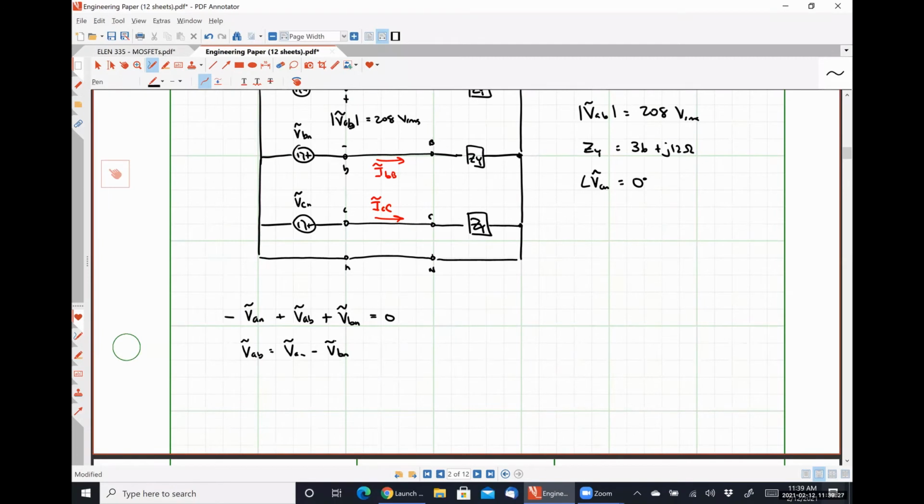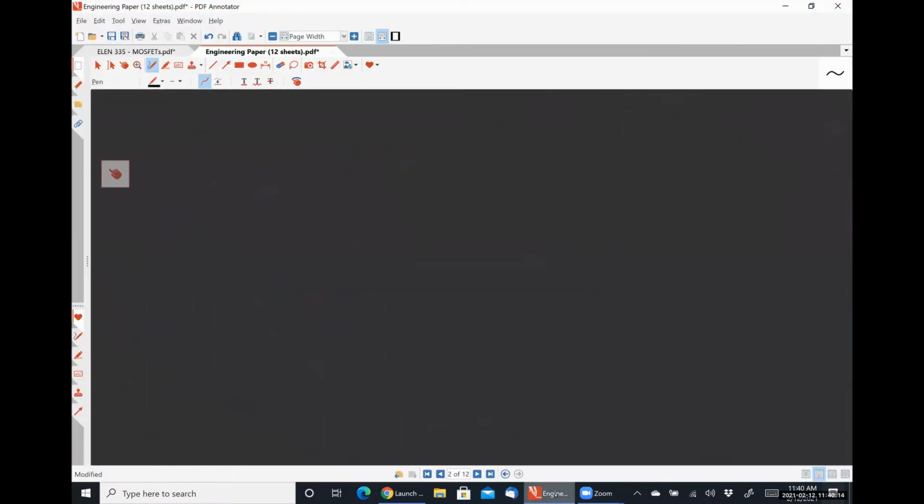I can rewrite this a little bit further and say that this is VAN multiplied by 1 angle 0 degrees minus 1 angle negative 120 degrees because of my positive phase sequence, which means I have VAN multiplied by, double check my math on this, square root of 3 angle positive 30 degrees.